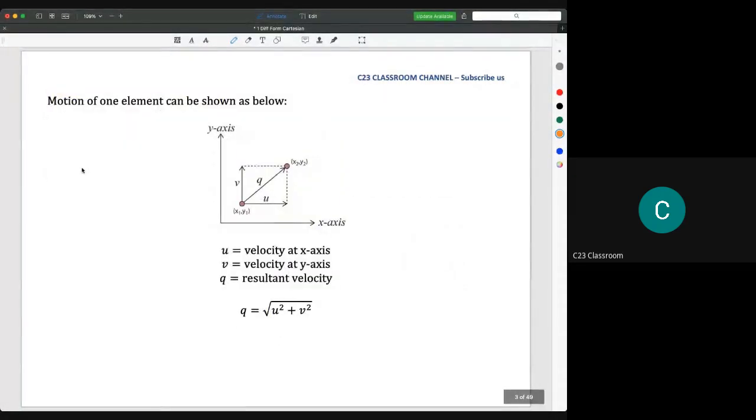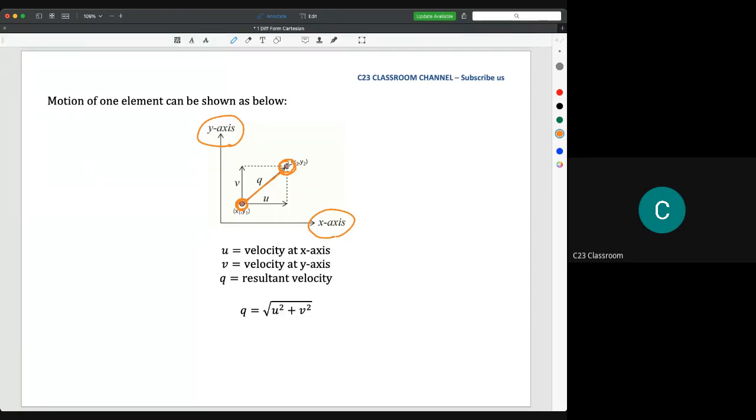And as you know, in fluid mechanics 1, we always describe fluid mechanics in terms of pressure and velocity. To describe the velocity in the two-dimensional x and y axes here, we could say that if one molecule moves from here to here, the velocity can be described into its own components.